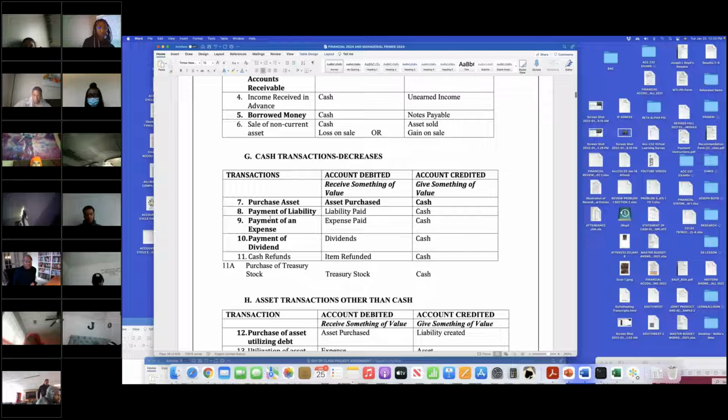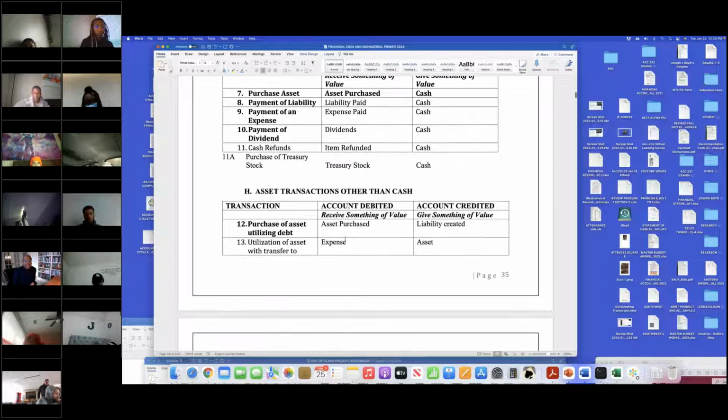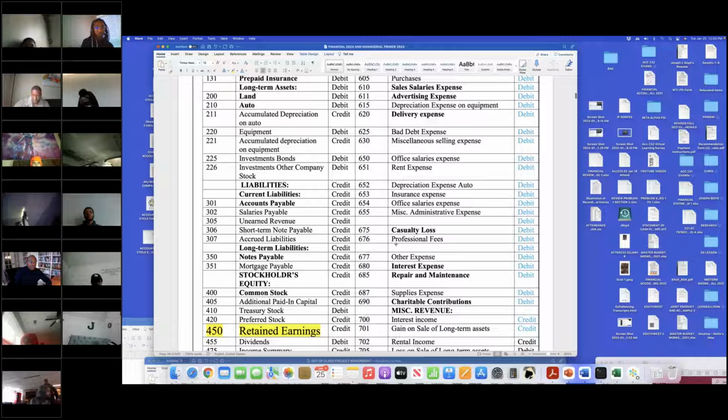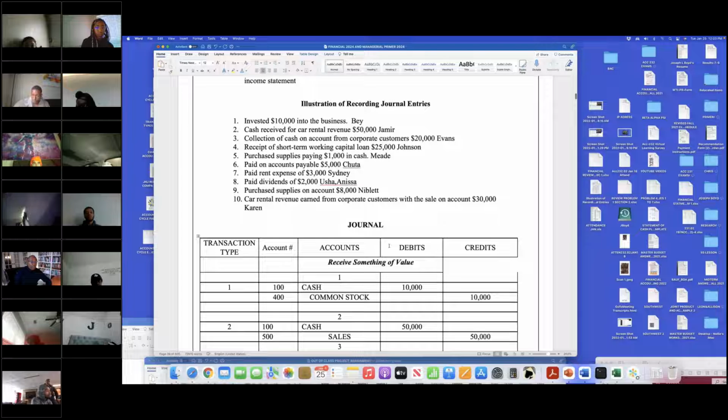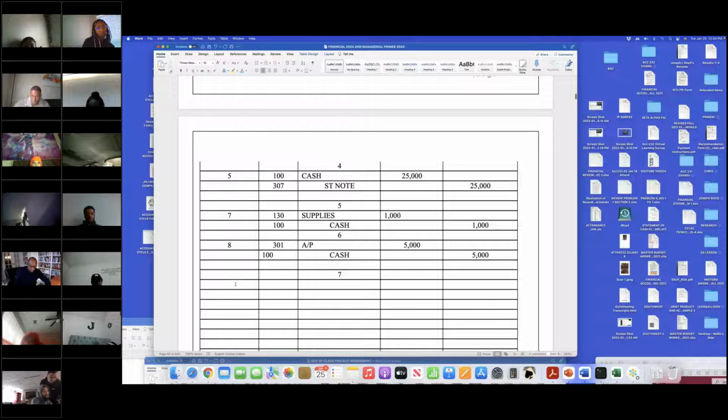We're going to debit the expense paid, which in this case was rent, 651. Notice the debit's always on top and the credit's down below.